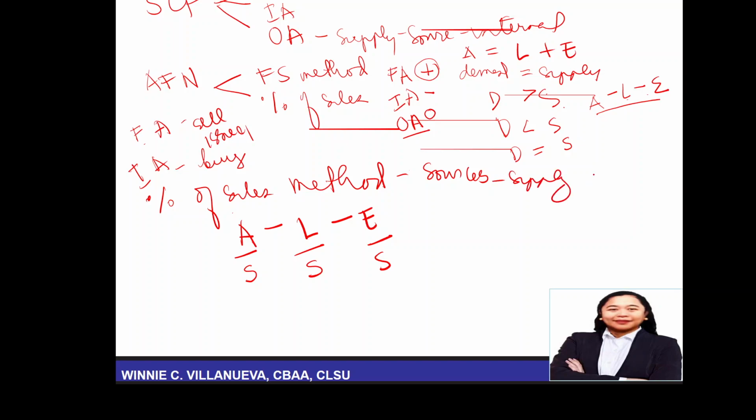And you always start with internal. What do I have? Right? With asset, this would be total demand. Okay? And ganun din naman sa liability. But you start with your internal. What would be the internal source if it is with your liability? It would be your current liability.